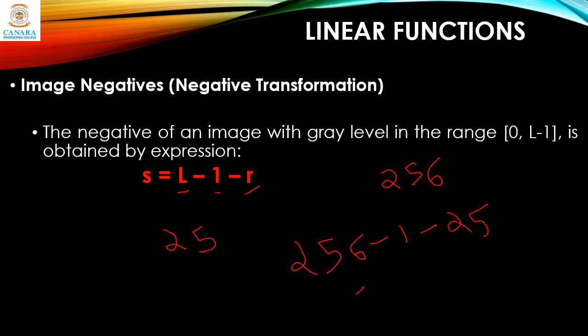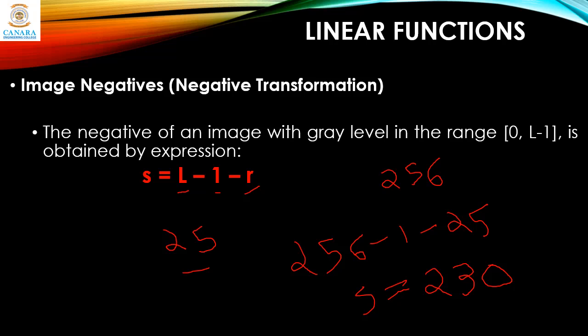That means S will become 256 minus 1, 255, minus 25, which is 230, which is a white pixel. So this black pixel, which is 25 in the input image R, has turned into 230, a brighter pixel compared to the input. So this is how the reversal is happening.